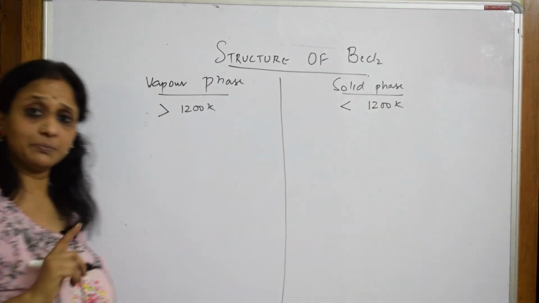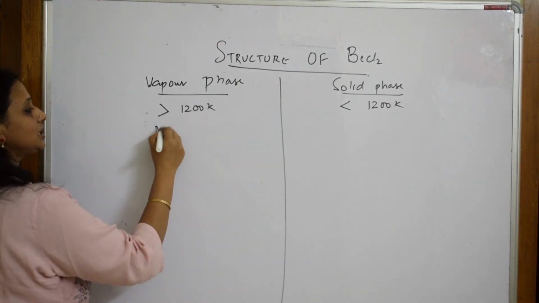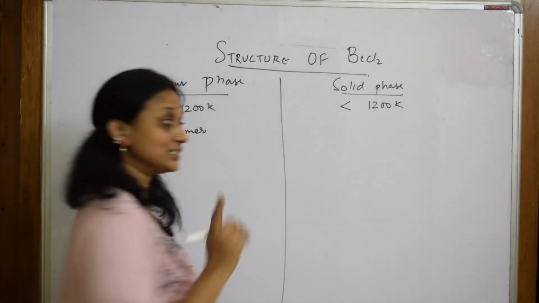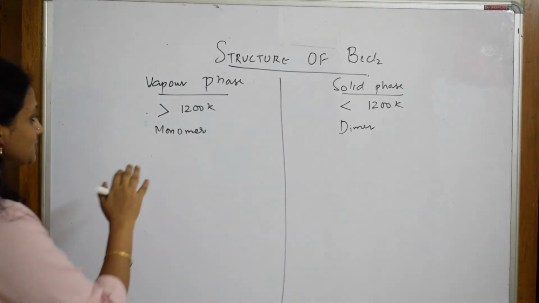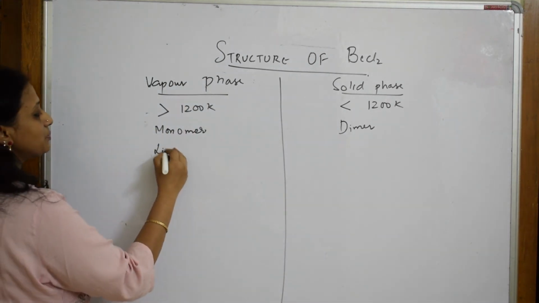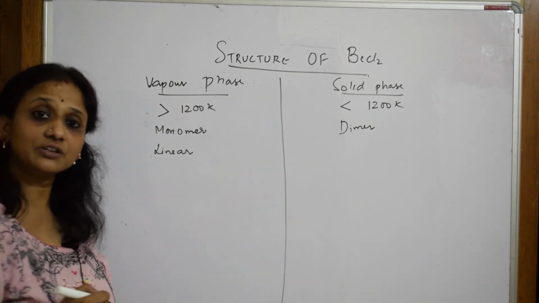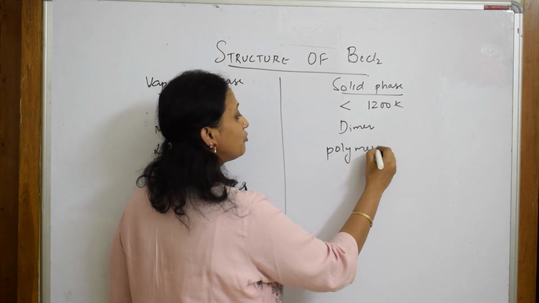When it is in vapor phase, remember, this is going to show only a monomer. But in the solid phase, it exists as a dimer, in the form of polymeric chains.